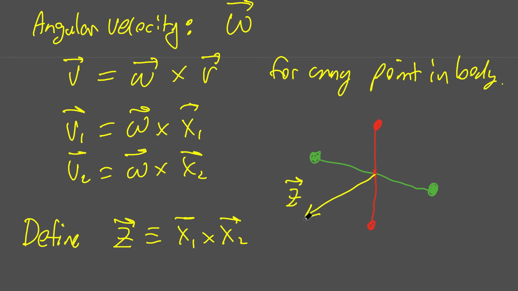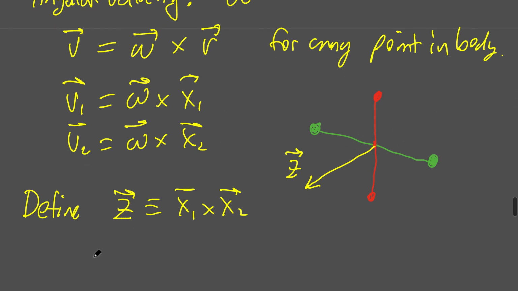Now this vector, we can imagine a massless point here that moves along with the body, so in that sense it's a part of the rigid body. So this vector also should satisfy the general expression for the angular velocity. In other words, z vector dot is equal to omega cross z vector.